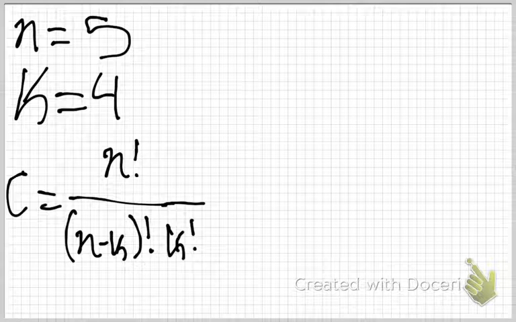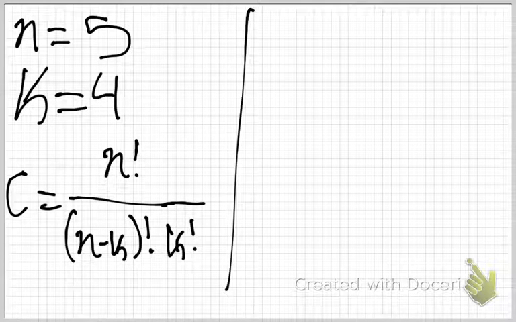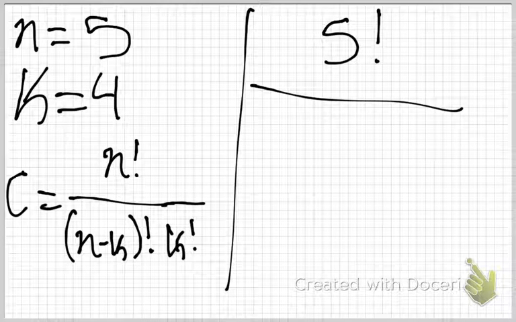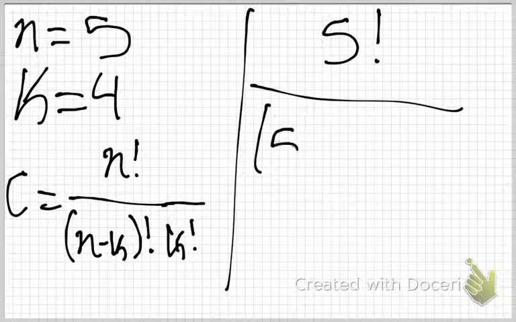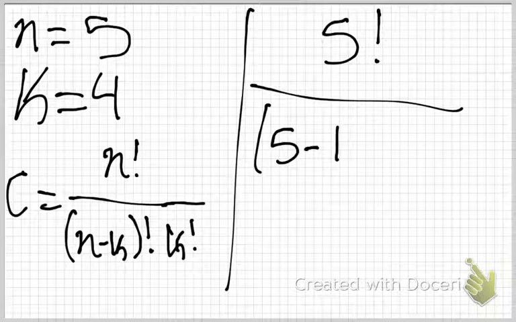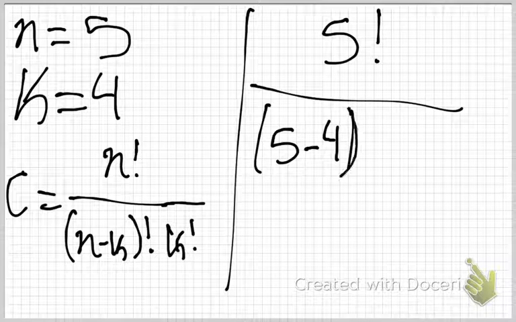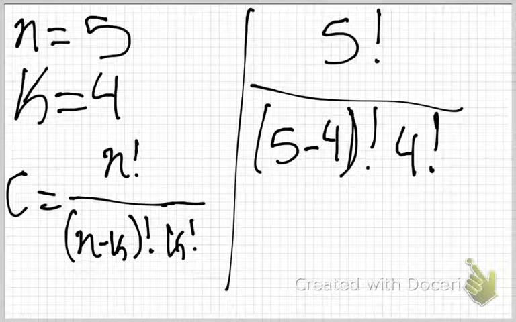Let's see if everything worked out. Remember earlier we found that there were 5 total combinations. So let's see if that's the case. 5 factorial divided by 5 minus 4 factorial times 4 factorial. What does that reduce to?